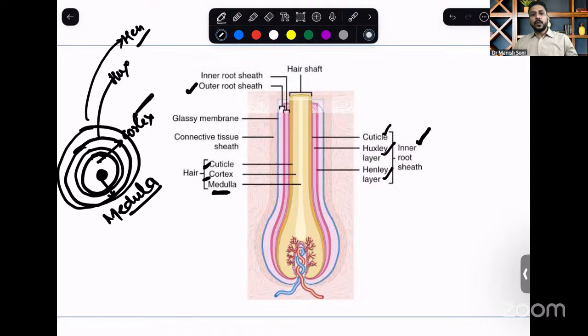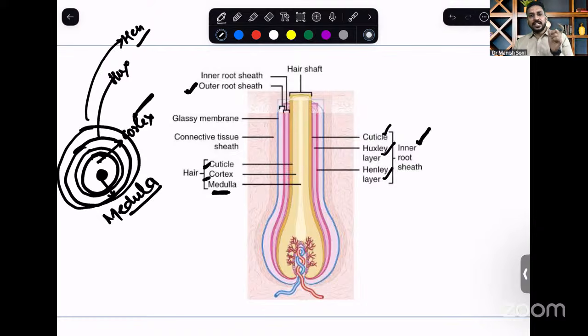So these are various layers of the hair follicle, and then comes the outer root sheath. So it is very easy to remember. Central medulla, then comes cortex, then comes inner root sheath which has cuticle, Huxley and Henle layers, and then comes outer root sheath. These are various layers of the hair follicle.